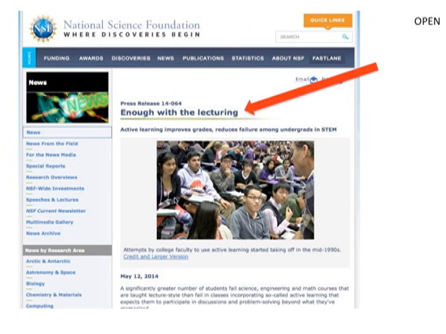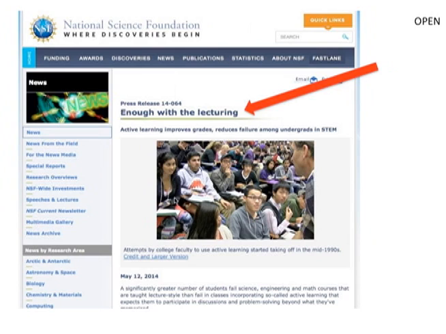In particular, this study was looking to test the hypothesis that lecturing maximizes learning and course performance. And as you can see, get a hint from the headline of the press release from the National Science Foundation, they found that their hypothesis was false.